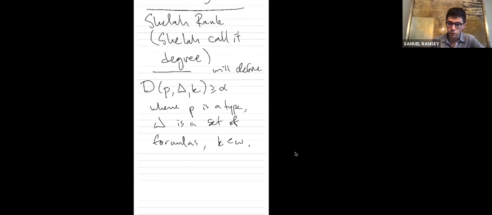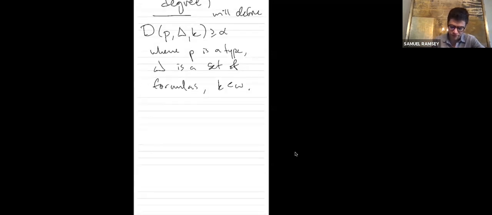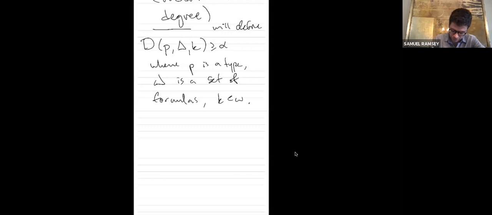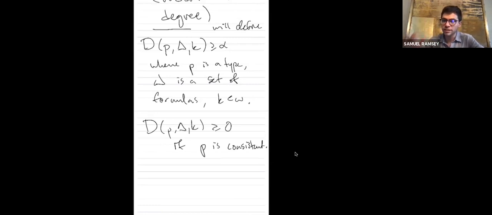All right, so what does this say? So the first condition will just say that D(p, Delta, k) is greater than or equal to 0 if p is consistent. Okay, so if you put in x not equal to x, then you get rank -1, let's say.